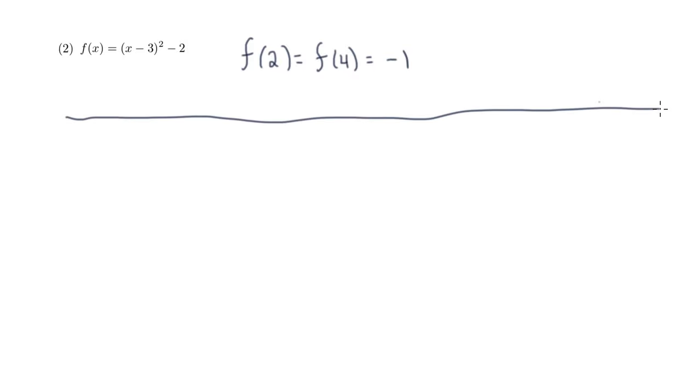And how do we do that? Well, notice that x squared, if we require x to be greater than or equal to 0, is one-to-one.